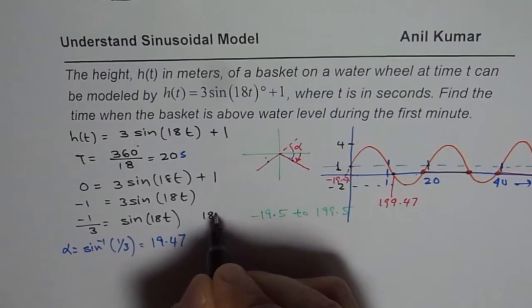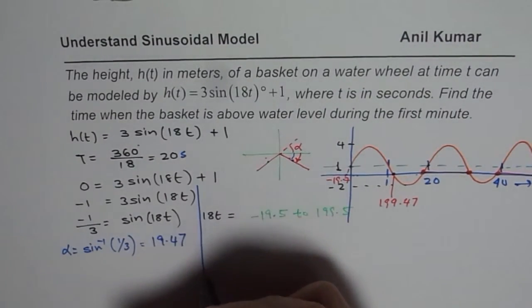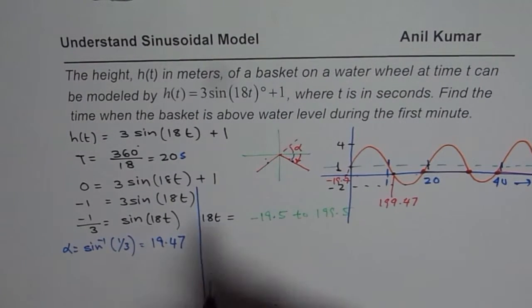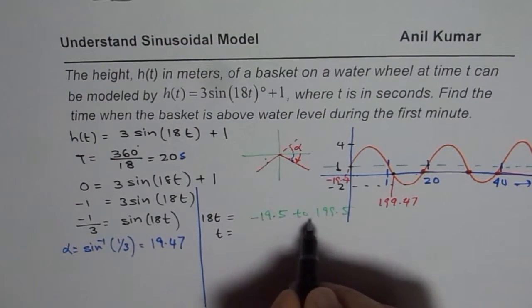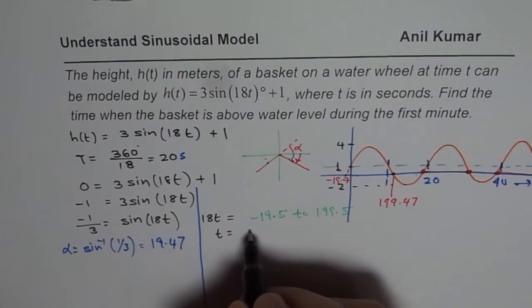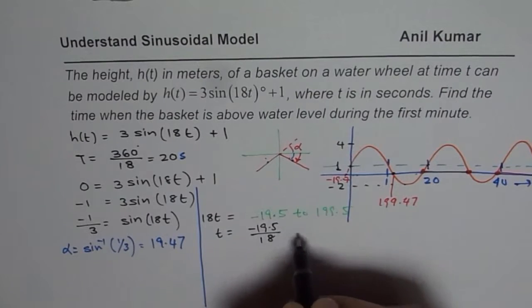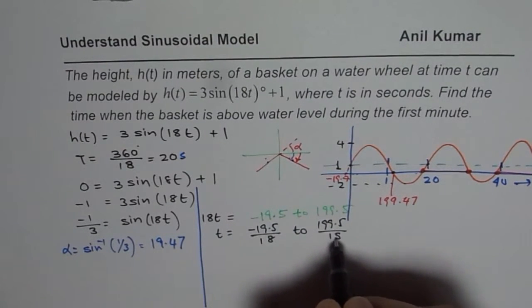So 18t is equal to this value, correct? So t is equal to what? We have to divide them by 18, right? So t will be equal to minus 19.5 divided by 18 to 199.5 divided by 18, correct?